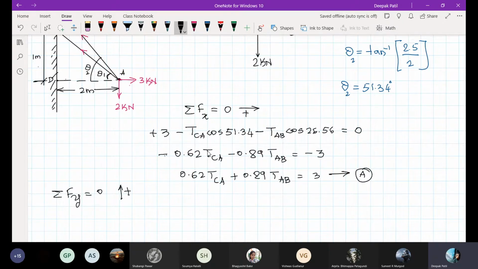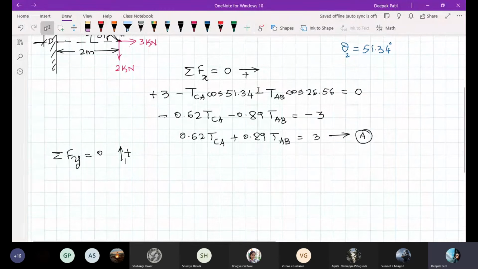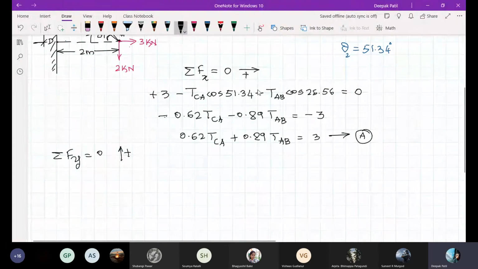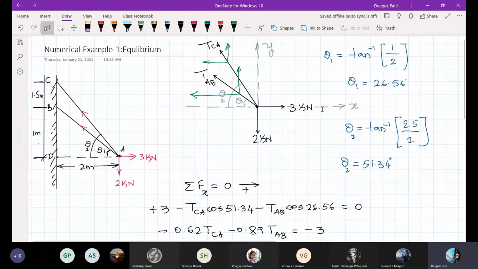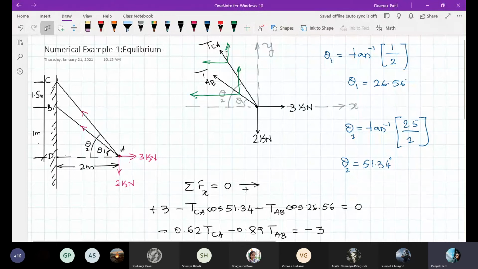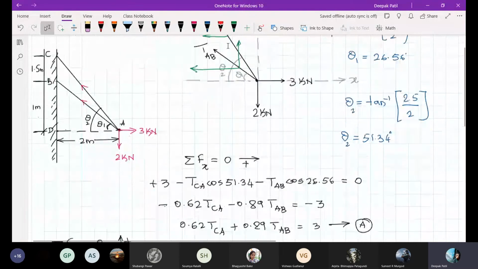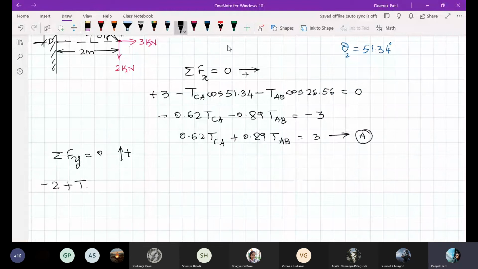Let me start. This 2 will now be considered, and since it is acting in the downward direction, I should write it as minus 2, right? Then 3 should not be taken into consideration because it is purely in x direction. But the y component of TCA is in the upward direction, so I should take it as plus TCA sine 51.34.